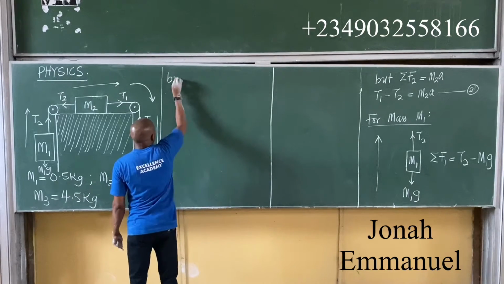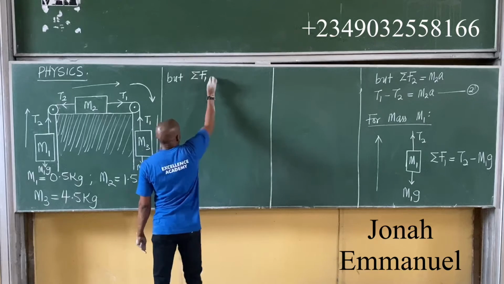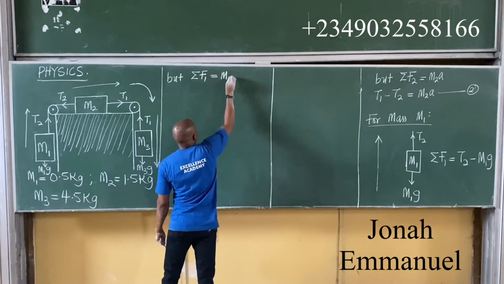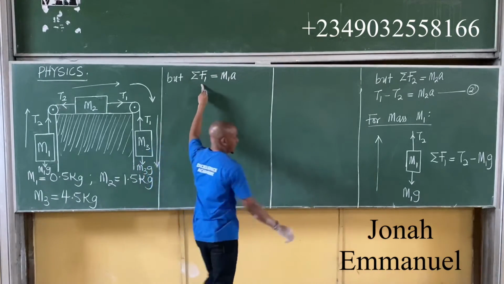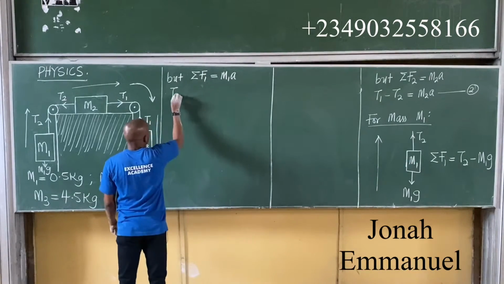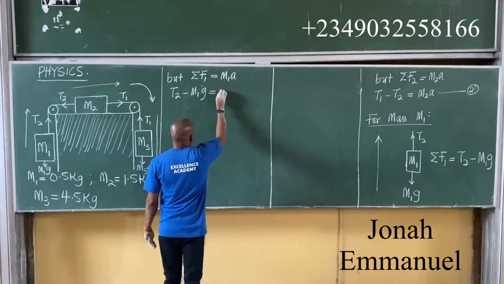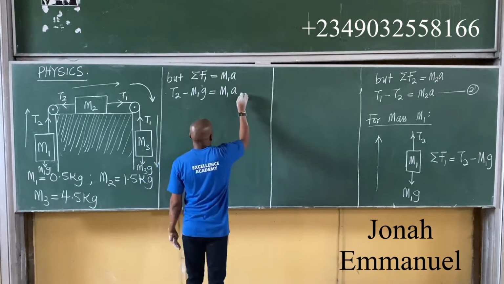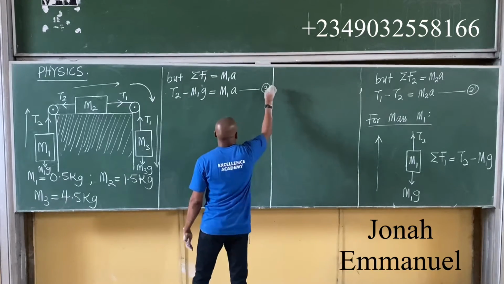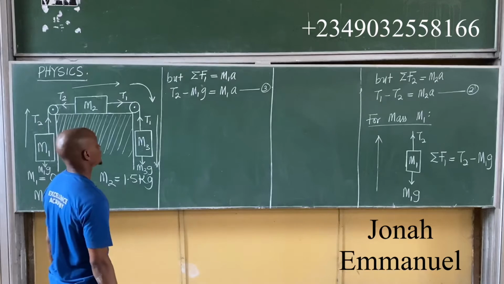But we know that the sum of force 1 is equal to M1A. So it becomes T2 minus M1G is equal to M1A. Call this equation 3. Alright, so I've got my 3 equations.